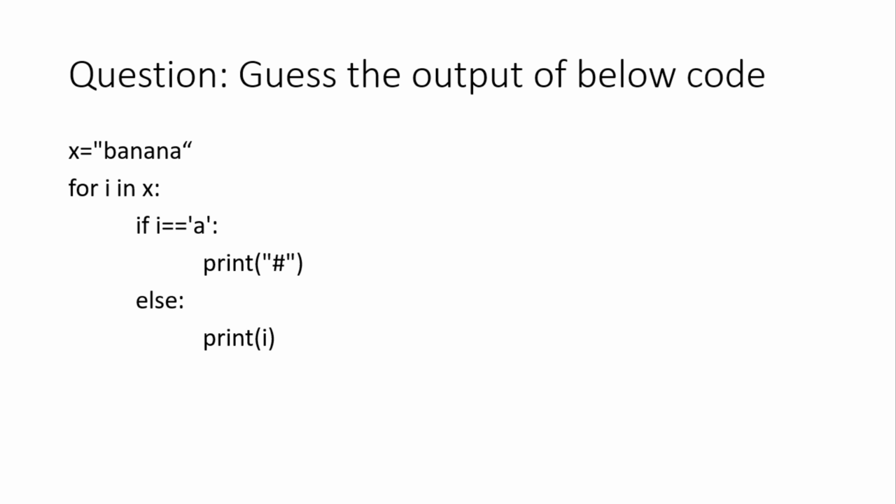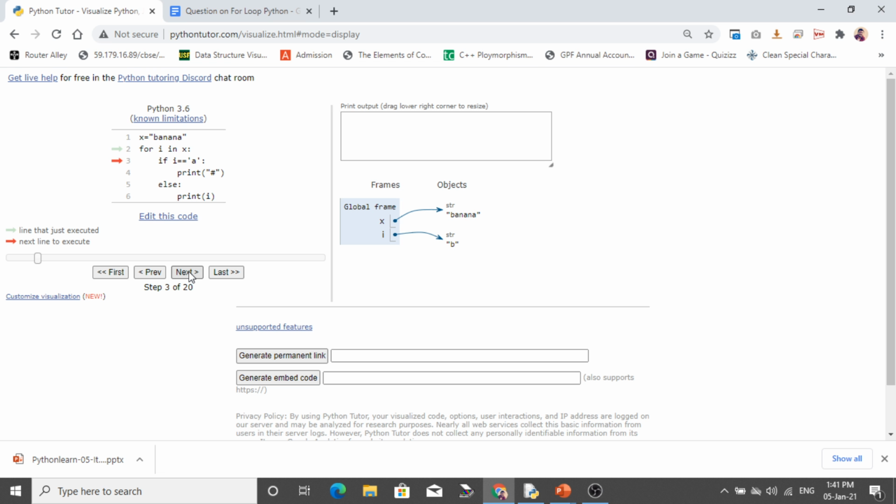First we have declared a string called banana. When we iterate over the string banana, a variable i is declared, as I have shown you in the syntax, where we get an individual element from that sequence. Now see the character B. i is referring to the character B. Now I am checking the condition.